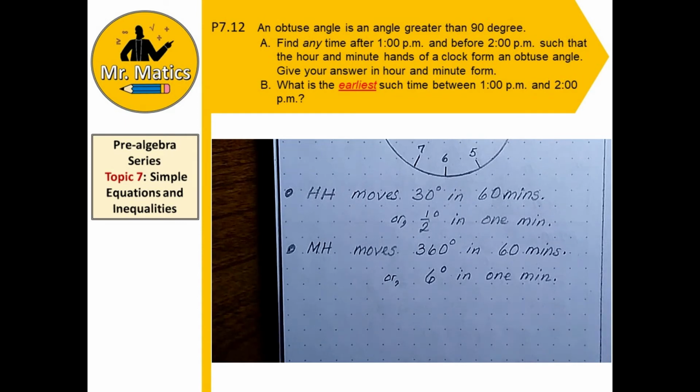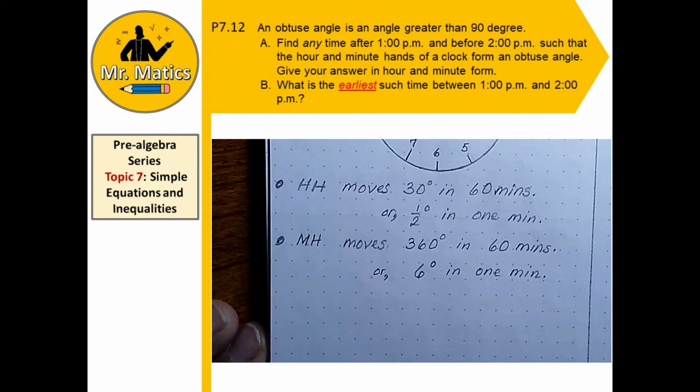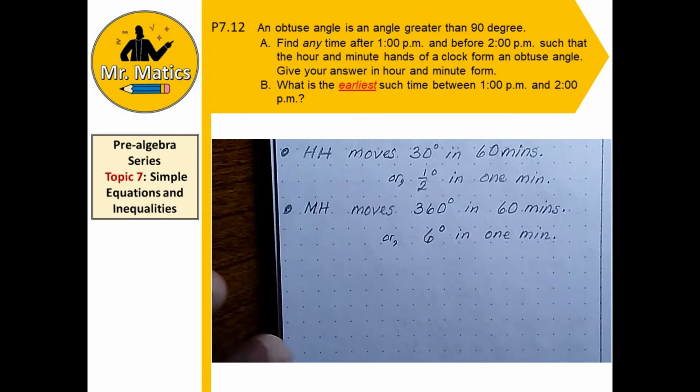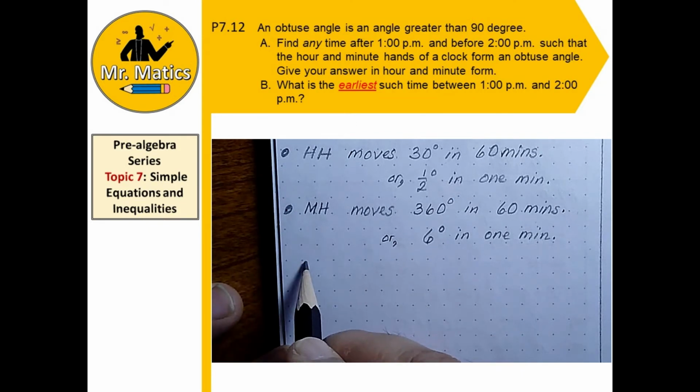Now, let's say the earliest time is 1 hour, or 1 and x minutes. 1 hour, or x minutes past 1 hour. That's the best way to say it. So let's make a statement here.